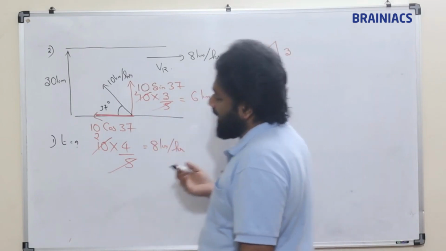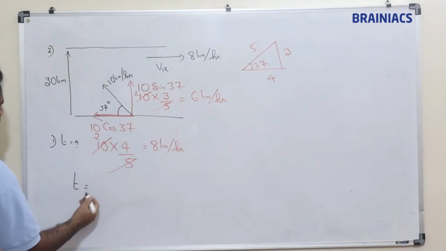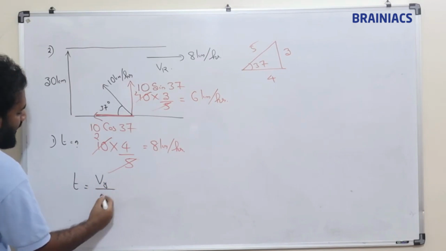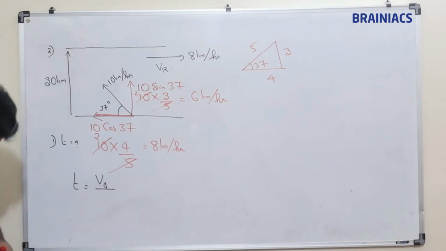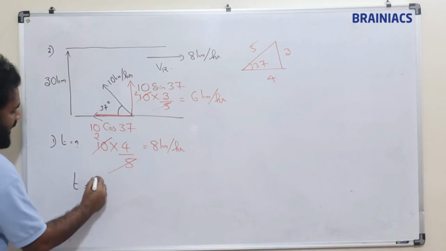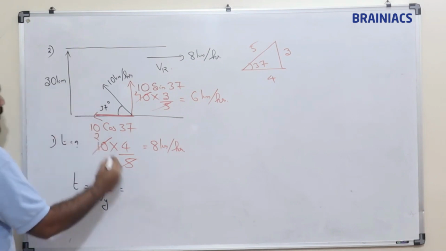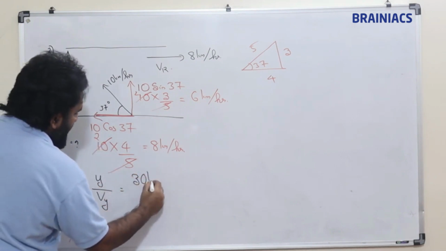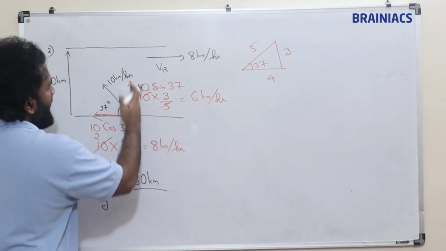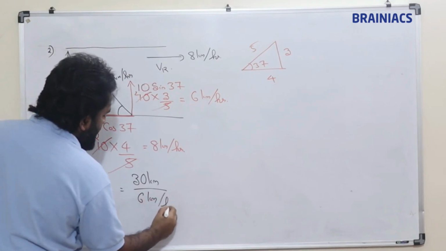In order to find time, what can we do? t is equal to y divided by Vy. y is 30 kilometers and Vy is this one, 6 kilometers per hour.